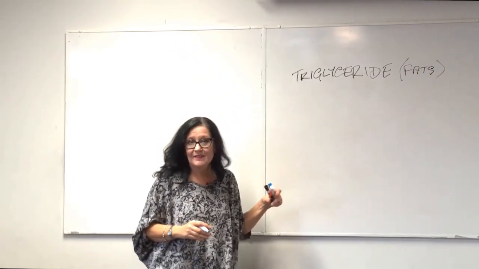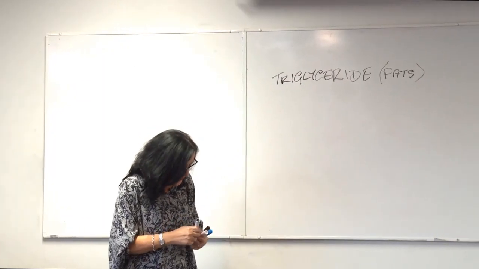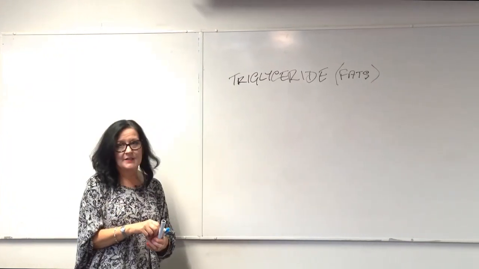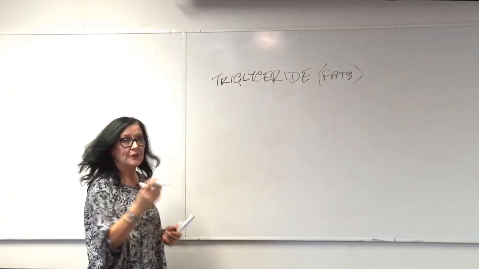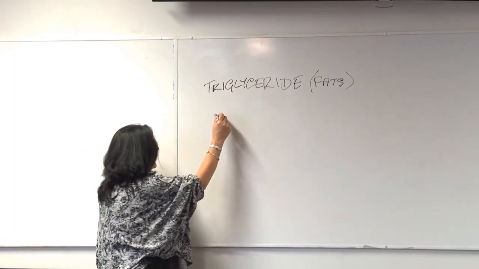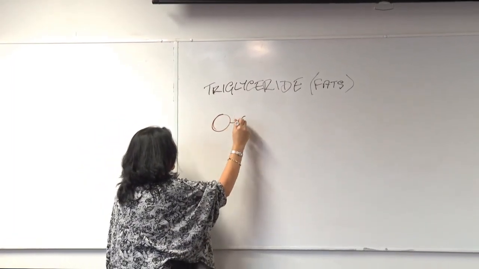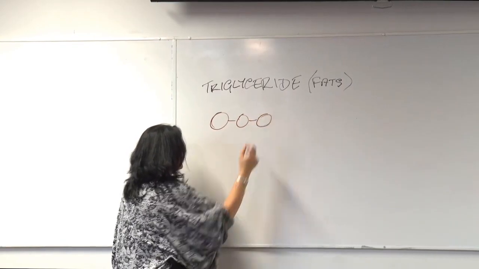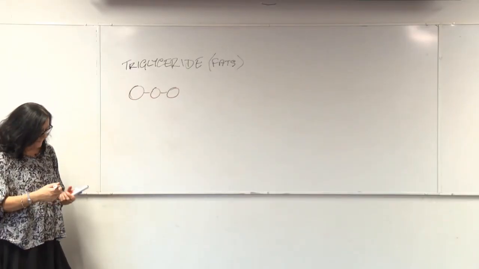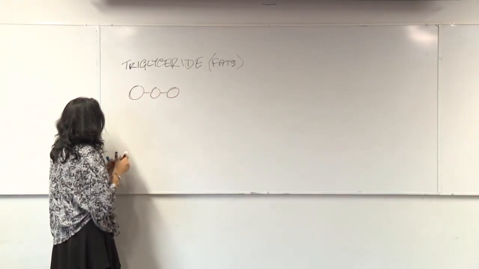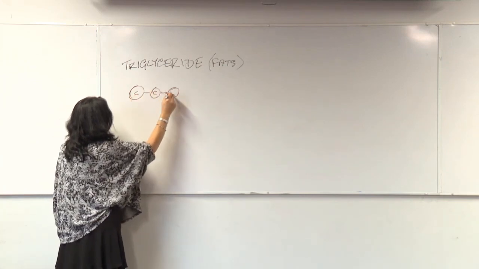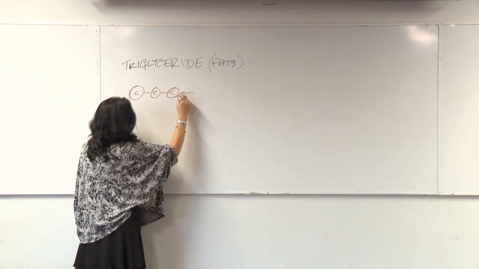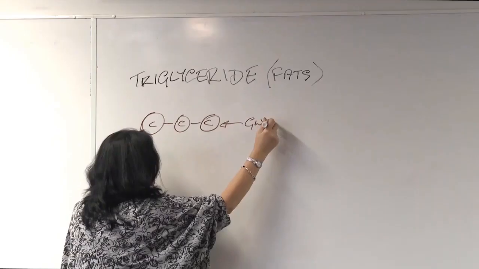Triglyceride, the 3 is a bit of a giveaway because we've got 3 fatty acid chains. We've got a 3 carbon glycerol molecule at the top. So all those would be, let's put the little C's in, carbon, and this is our glycerol.